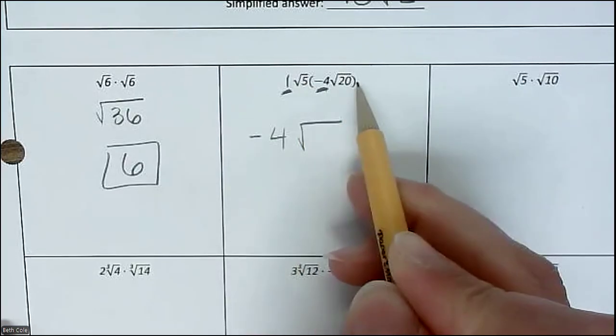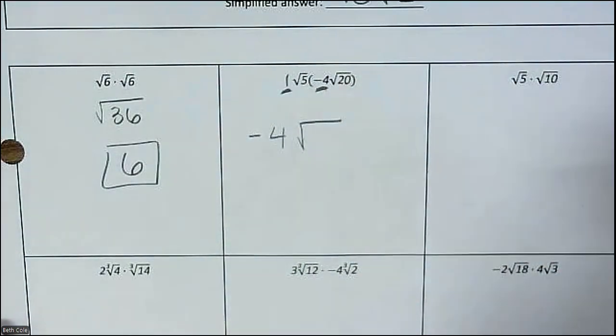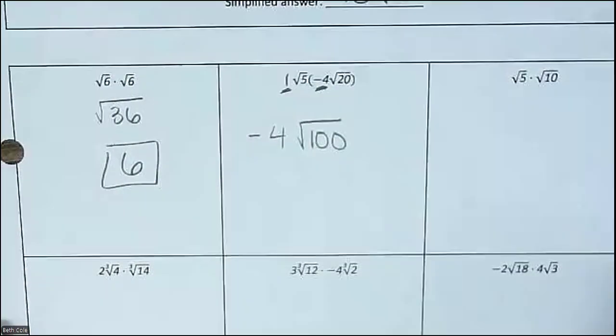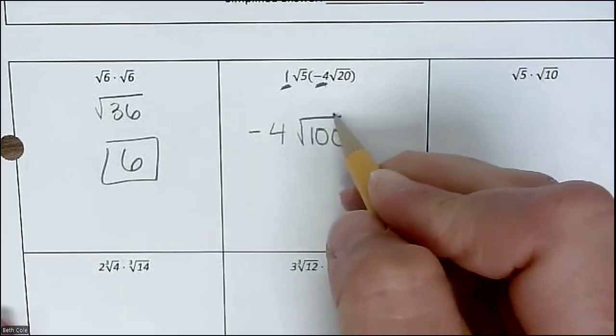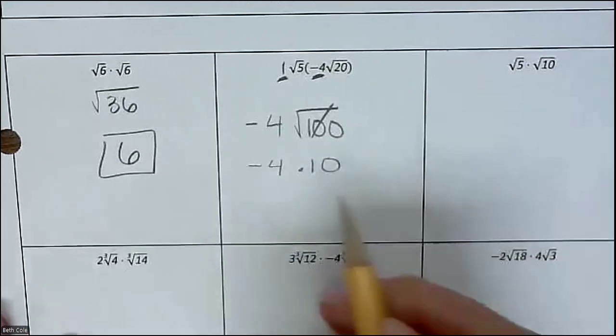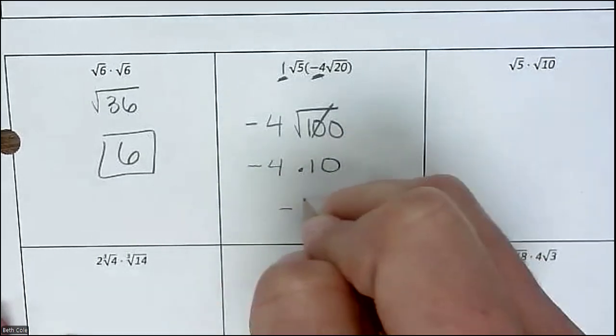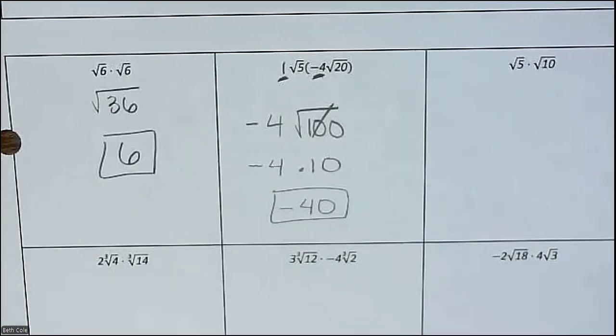Please don't talk over me. It's going to be 5 times 20, which is 100. Do we need to split 100 or is it good? It's good. What is your square root of 100? It is 10, and then you just multiply those together. So -40.